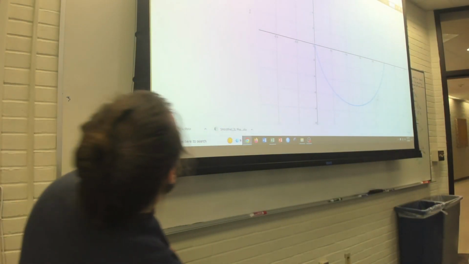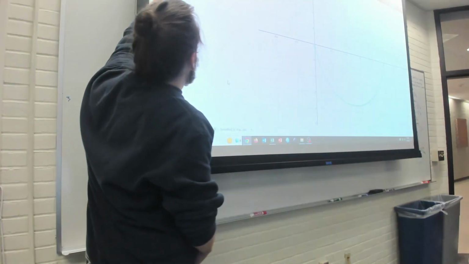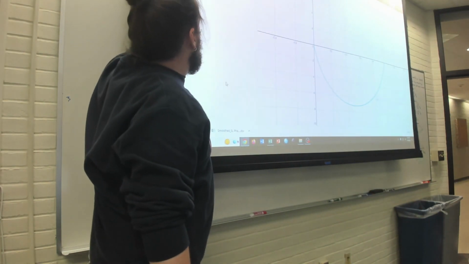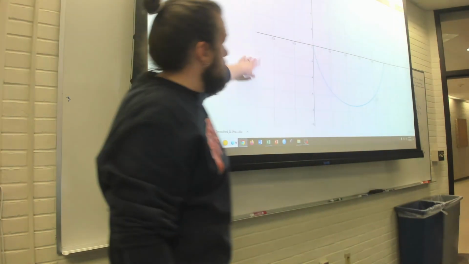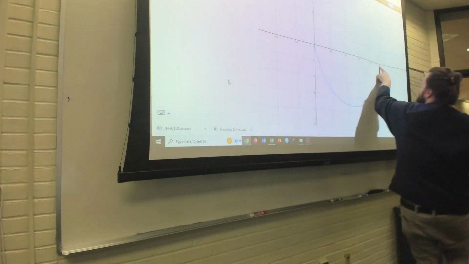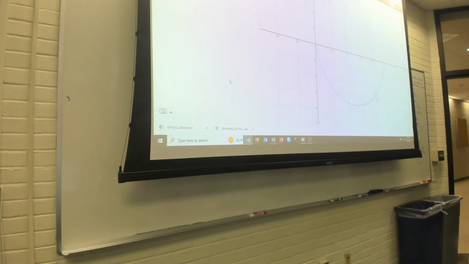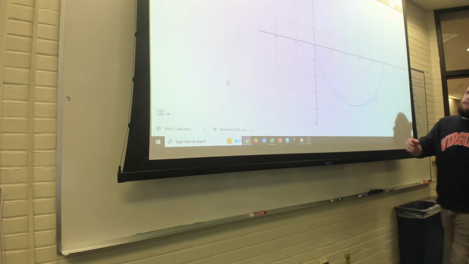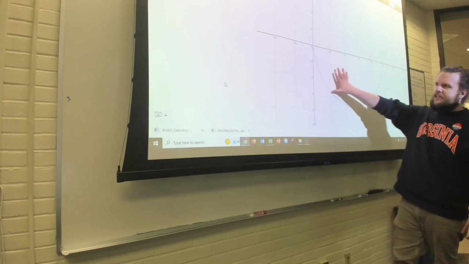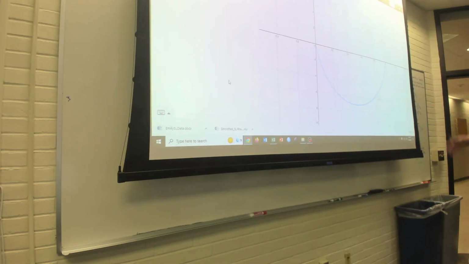Here I have the equation for delta G. That's what's being plotted here in blue. The units don't matter so much here. I've divided delta G by a value just to keep it on the board so it's not a giant dip.